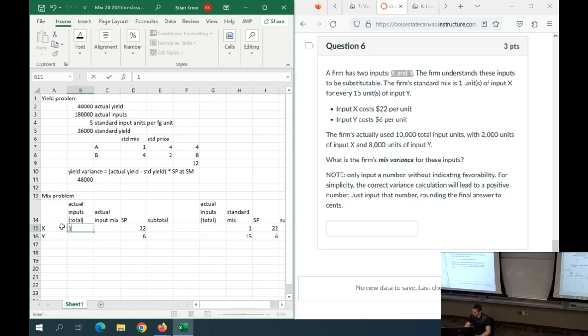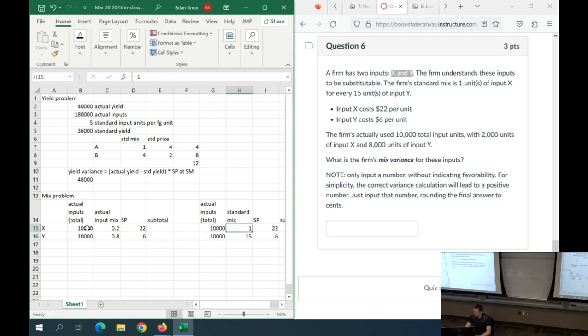We actually use 10,000 units, so that's all 4 of these cells, with 2,000 units of X and 8,000 units of Y. So what that means is, out of the 10,000, we have 2,000 that are X, and 8,000 that are Y, leading to an actual mix of 20 to 80%, or 0.2 and 0.8 here.